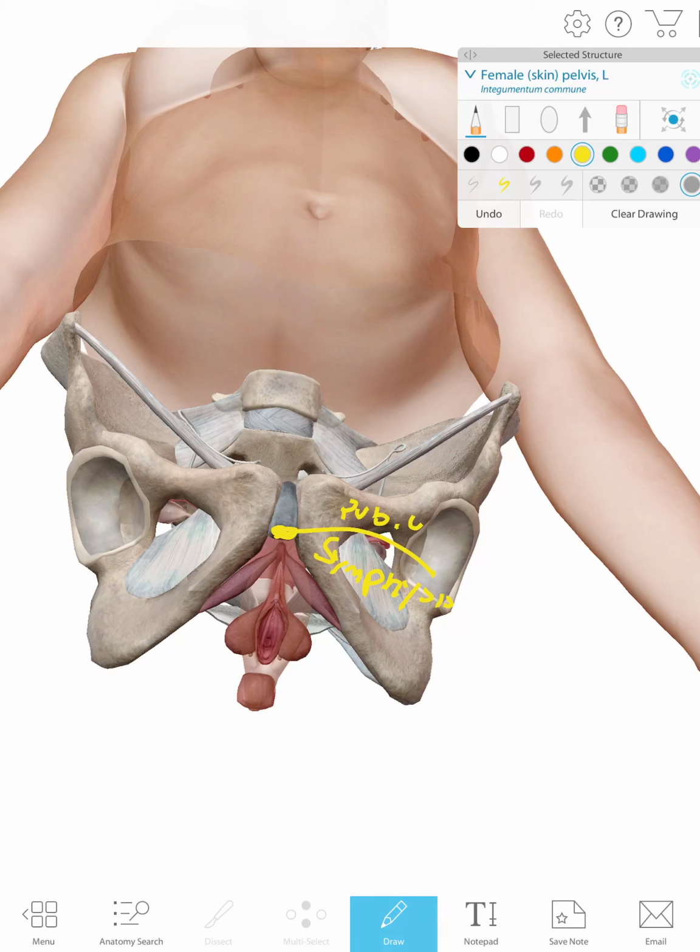The next two boundaries are right on these two protrusions. Remember the bone over here? This is the ischium. So this is called the ischial tuberosity.